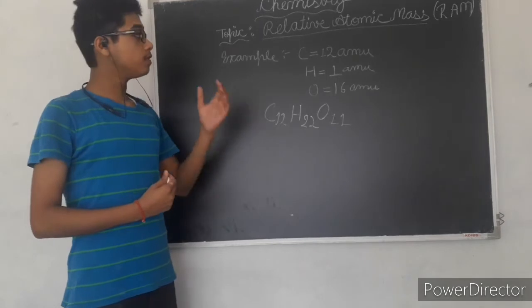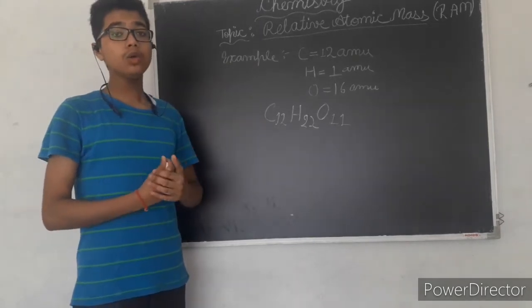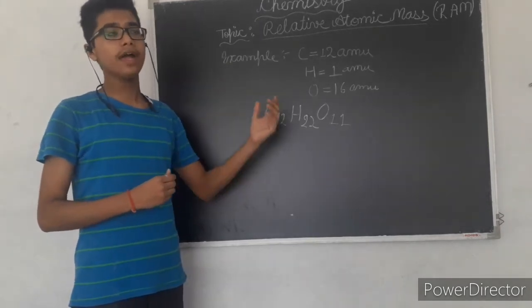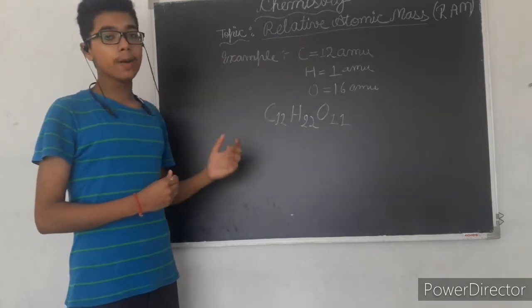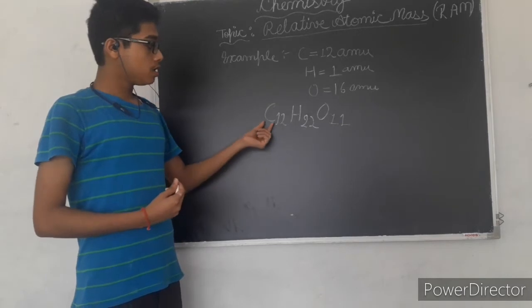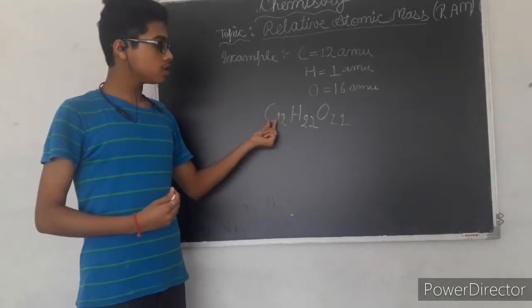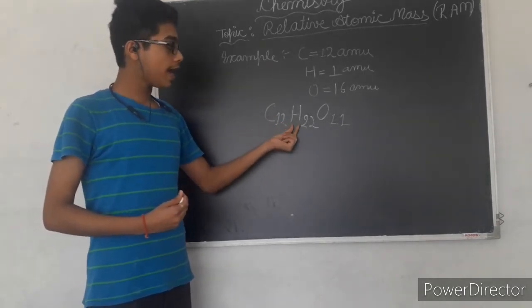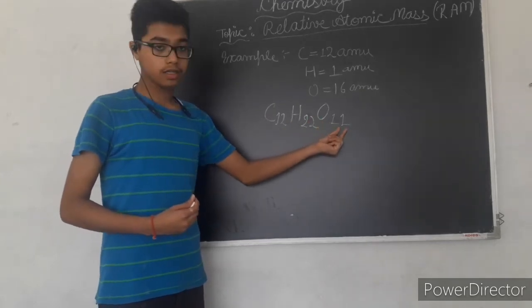Okay, we will study how to take out the relative atomic mass of a compound. So I have taken a compound, cane sugar, C12H22O11.